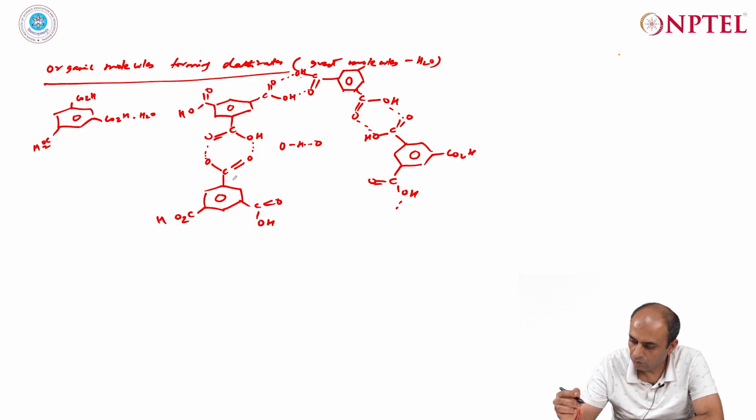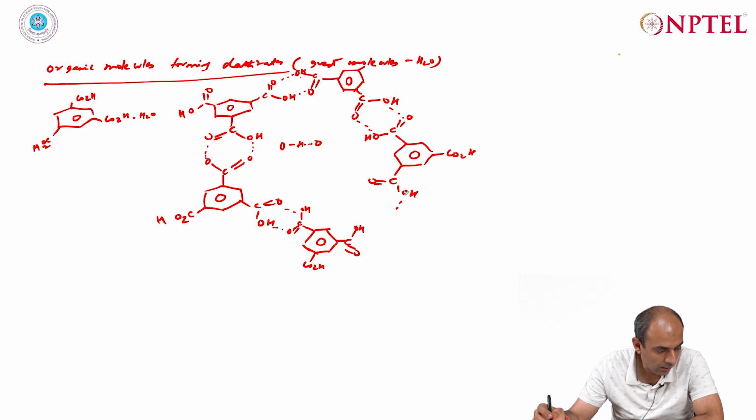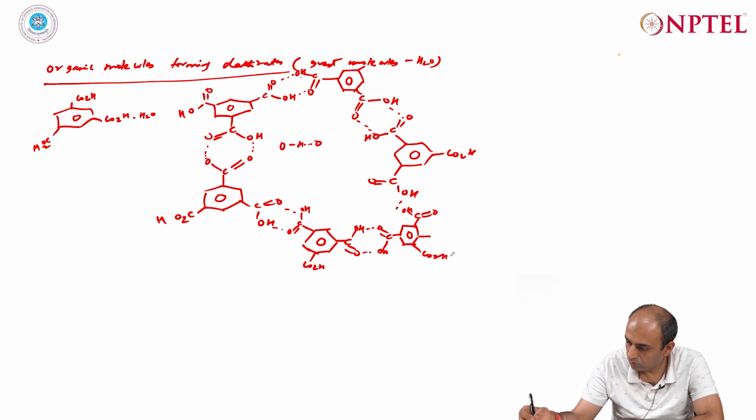One, two, three, four, five, and now we can have the last one, which will be OH, and so effectively these will be hydrogen bonded as well.